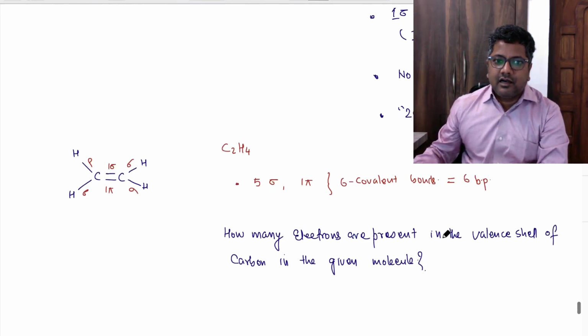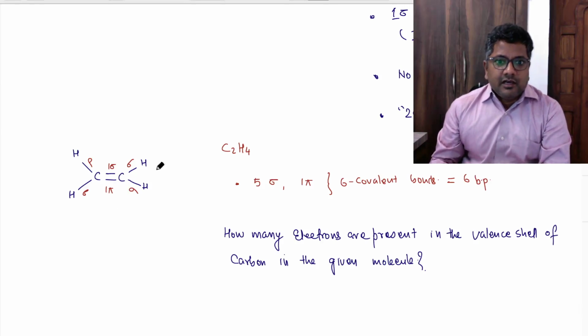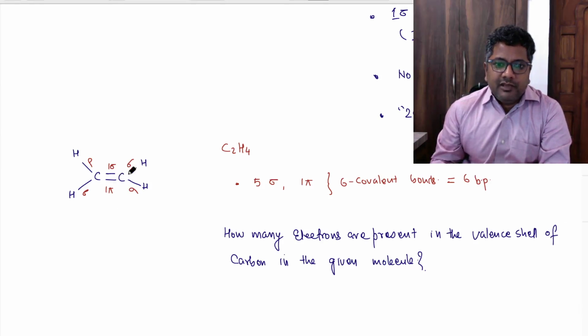So see how to count this. One bond means 2 electrons. So how many bonds are there around one carbon atom?